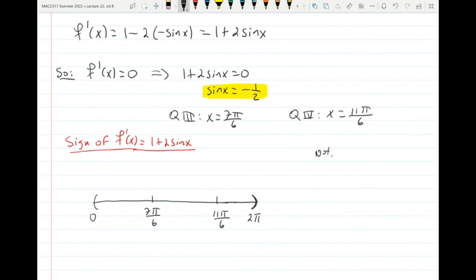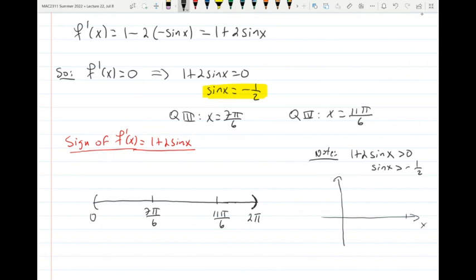So note that the derivative, 1 plus 2 sine of x, being greater than 0 is the same as saying that sine of x is bigger than negative 1/2. Similarly, less than 0 means that sine is less than negative 1/2. We can quickly graph both of these functions and see what's going on.